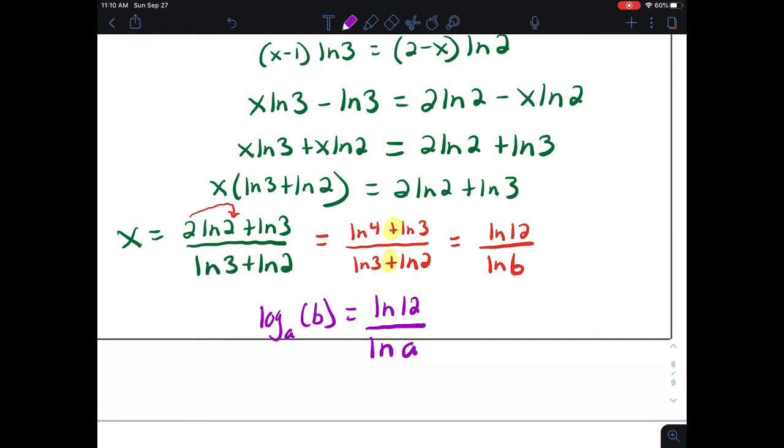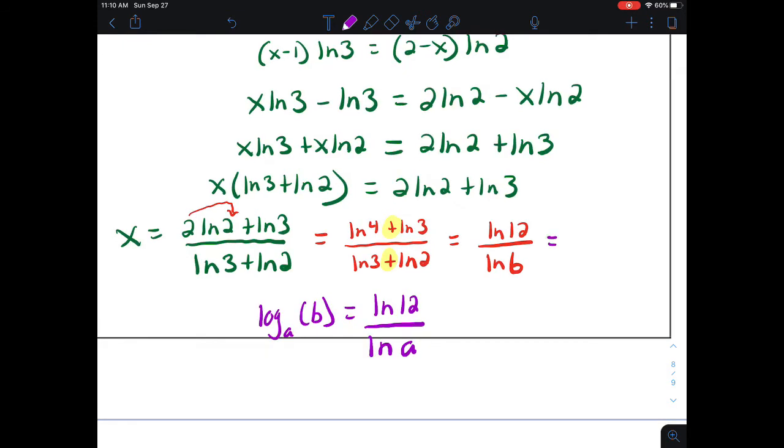Well, we're actually going to work in reverse here. If I look, what I'm dividing by inside of that ln is actually the base of the log. So I'd have log base 6 of, and then what goes on the inside is what's on the inside of the ln on the top. So it'd be log base 6 of 12.